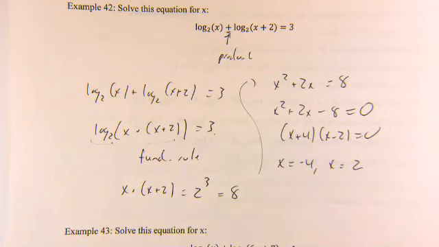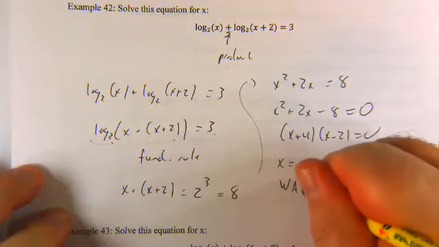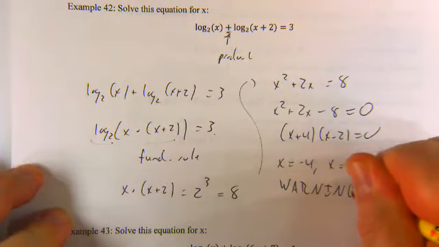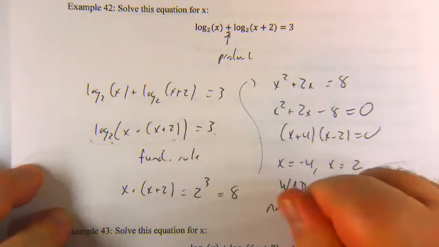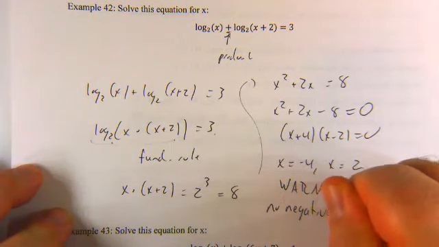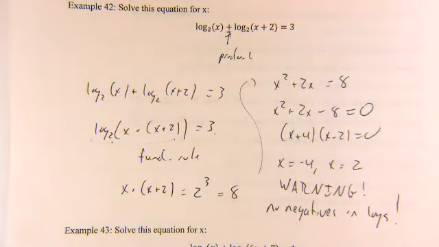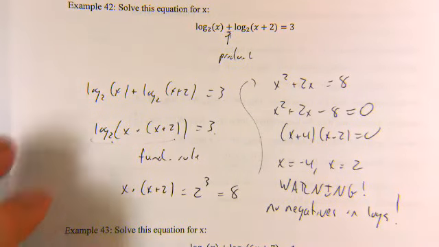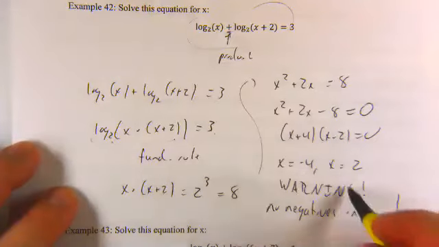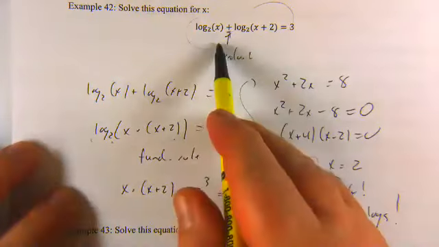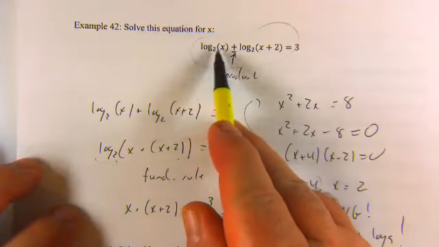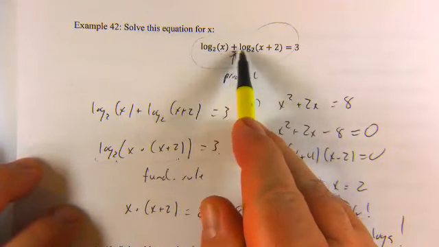So we have two solutions, x equals minus 4 and x equals 2. But, another big giant warning, no negatives in logs, right? The domain of logarithm is only positive numbers. You cannot put a negative number into a logarithm. If we tried to plug the minus 4 back into the original equation, you get log of minus 4 plus log of minus 2.